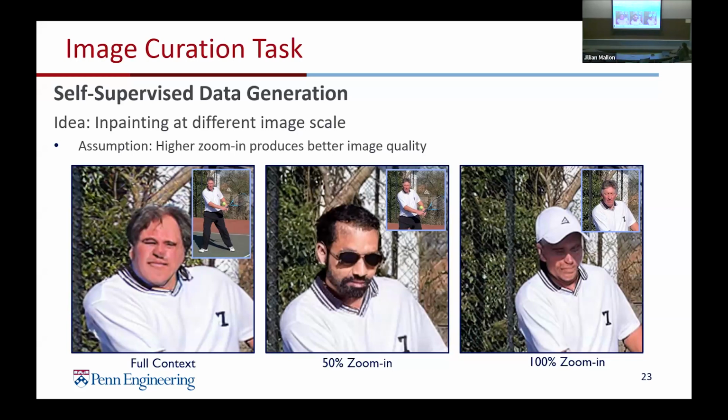Then we have a 50% zoom in and 100% zoom in, which focus on the regions that are closer to the face. Based on that, we hypothesize that a higher zoom-in ratio on the original image should produce better inpainting results because there is less noise compared with the full context, while it can also learn to capture information from the regions around the face.